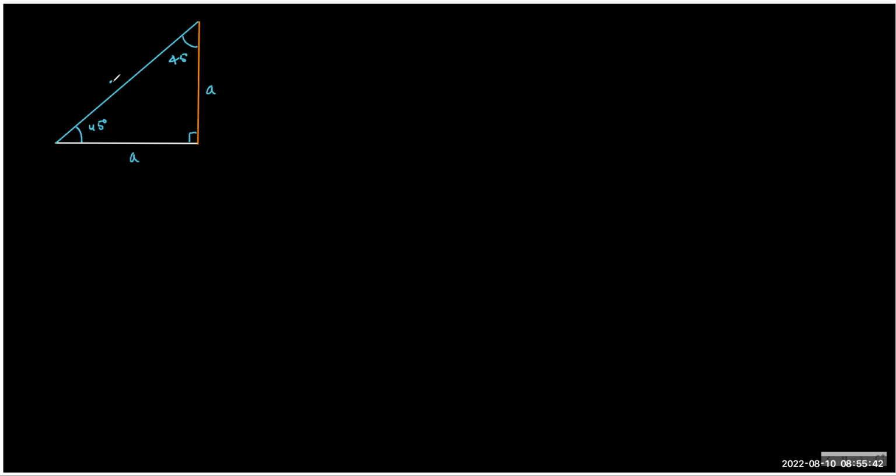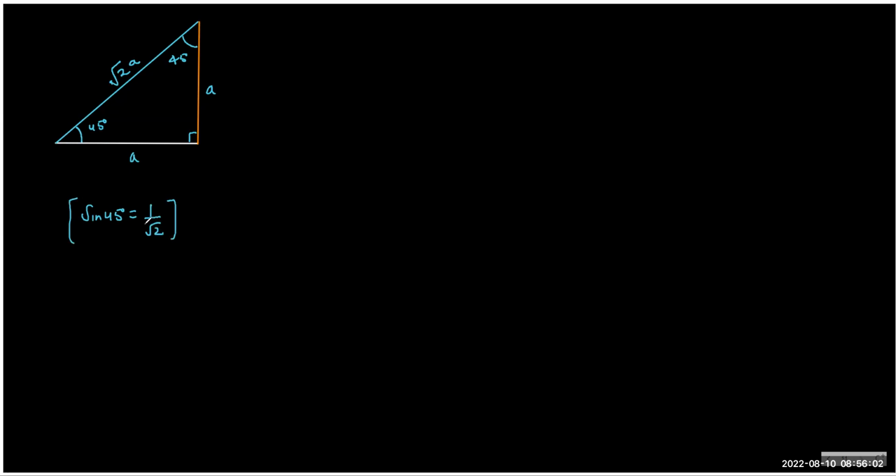Root 2 A. Very good. So now I think everything is obvious. Sine 45 will be how much, by definition? A by root 2A, so that will be 1 by root 2. Correct. Very good.